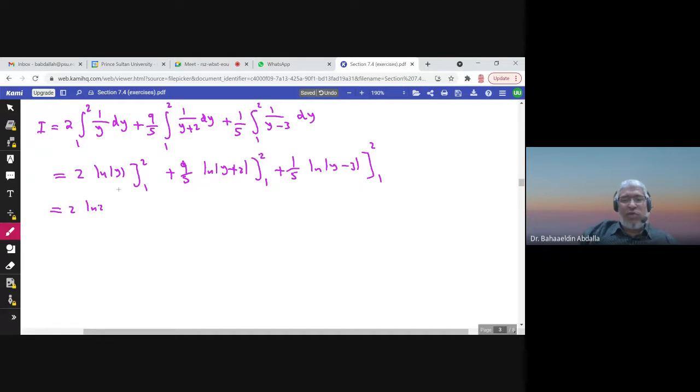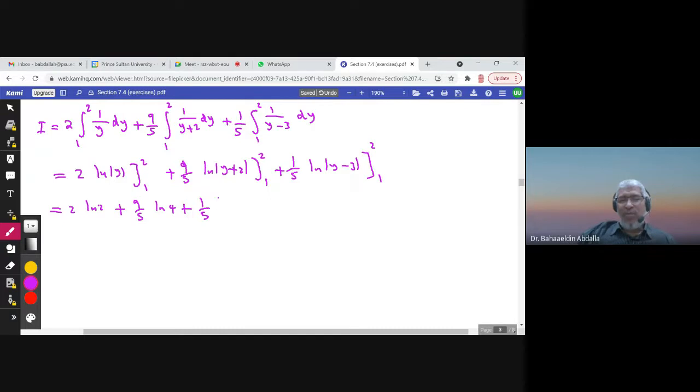ln 2 minus ln 1 is 0. ln 4 minus ln 3 is 0. Plus 1 over 5 ln |2 minus 3|. 2 minus 3 is negative 1. Absolute value of negative 1 is 1. ln 1 is 0.